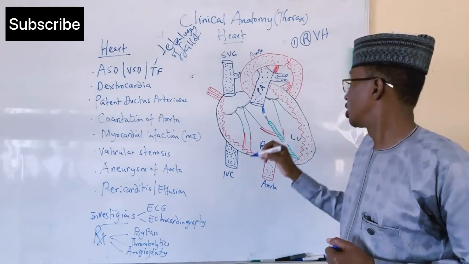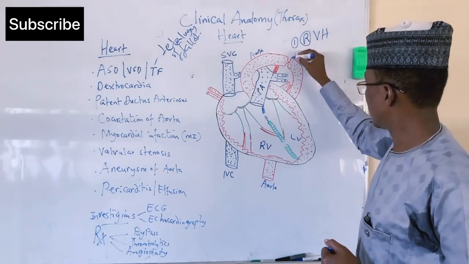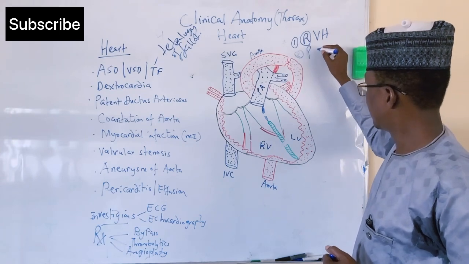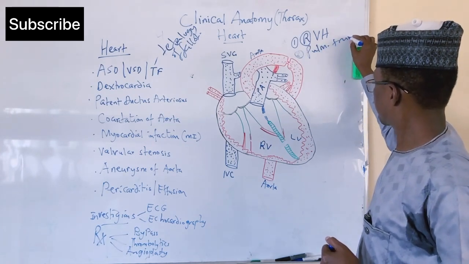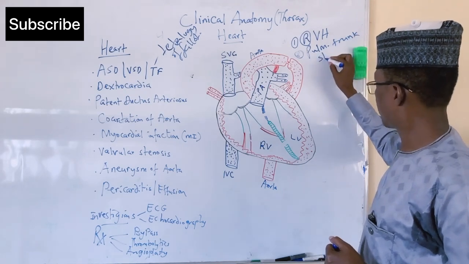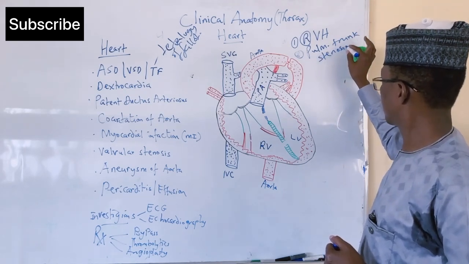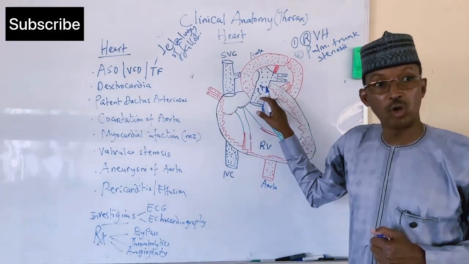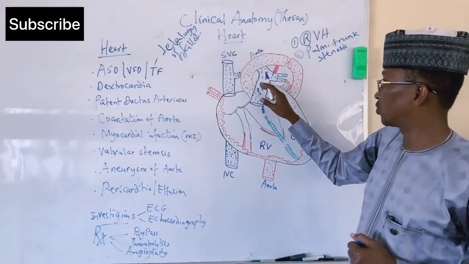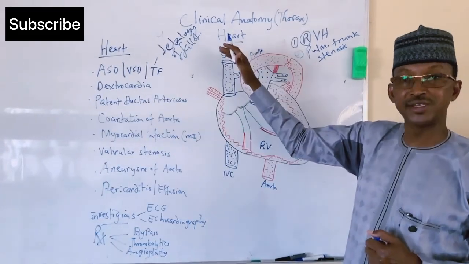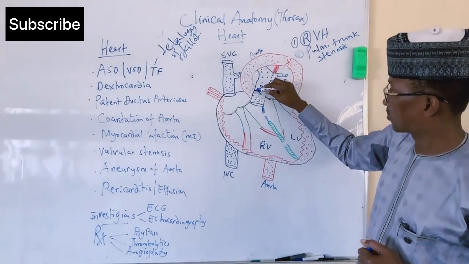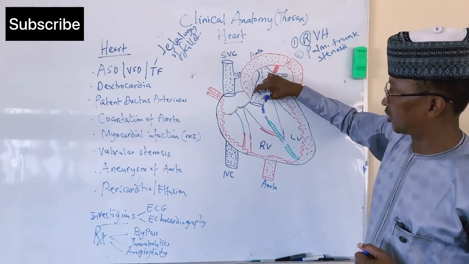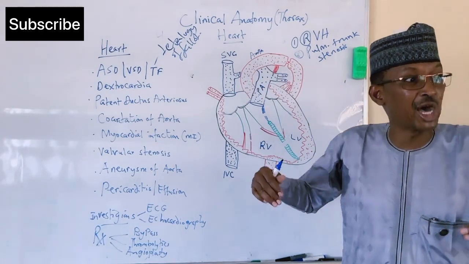tetralogy of Fallot. So the second condition is what we call pulmonary trunk stenosis. This pulmonary trunk, which divides into the right pulmonary artery and the left pulmonary artery, gets stenosed. That means it gets narrowed.